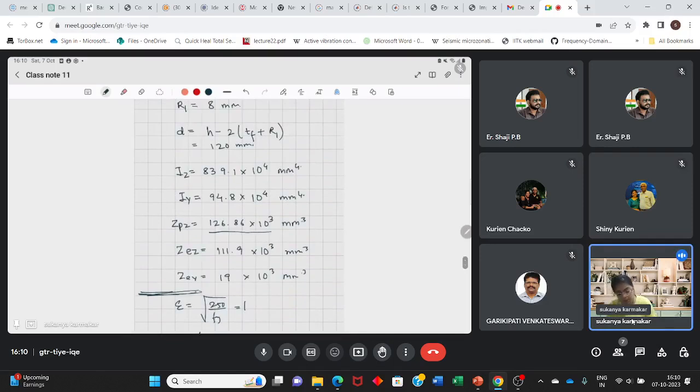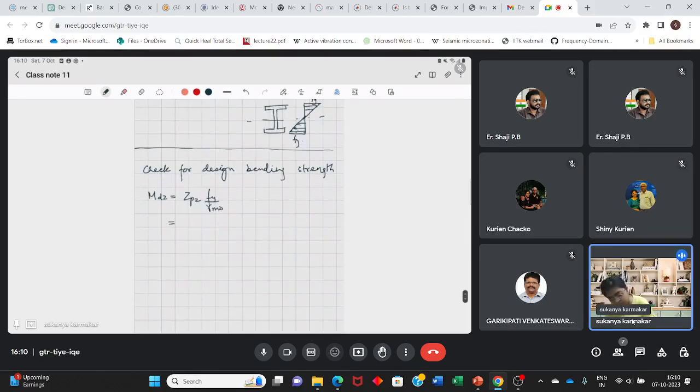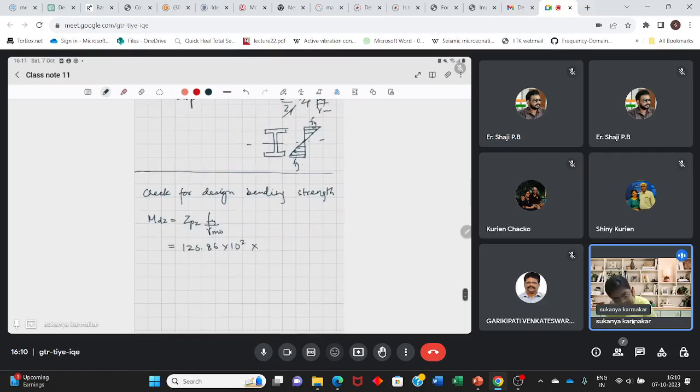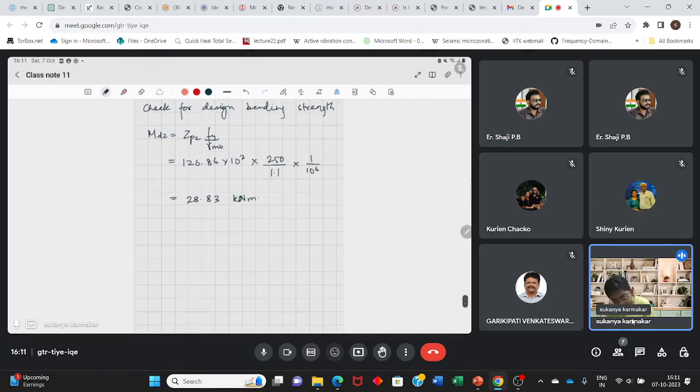It is 126.86 into 10 to the power 3, Fy is 250 by 1.5. It is 28.83 kilonewton meter. And we know this should be less than 1.2 times Ze times Fy by gamma m0.